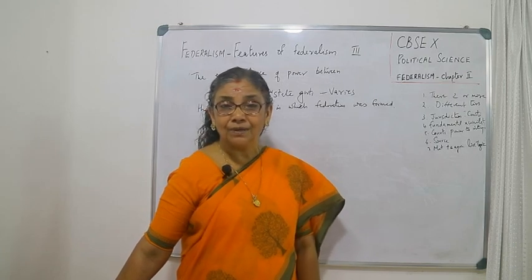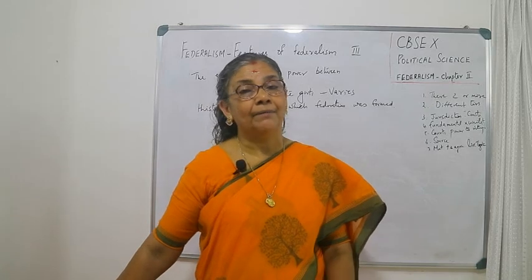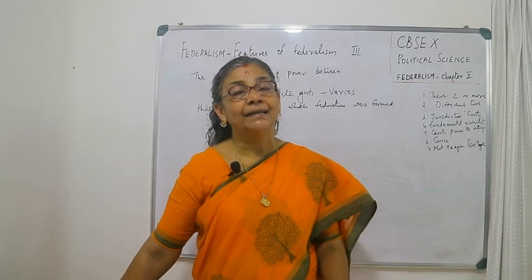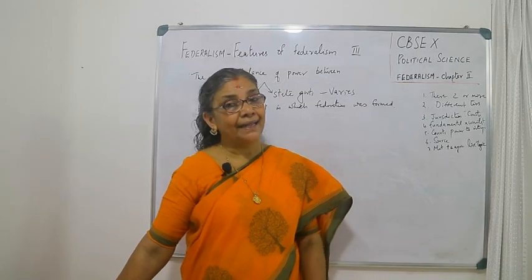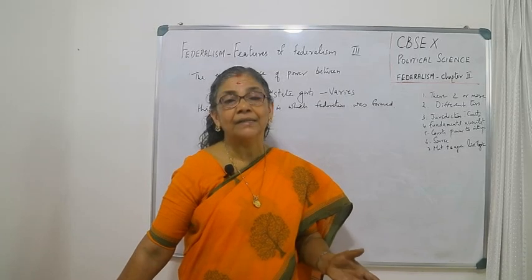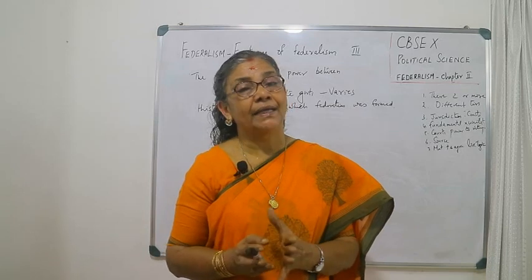What are the dual objectives? They want to accommodate and they want to safeguard and promote the unity of the country, because there are differences regarding religion, regions, languages, culture, and we have to unite them together and say it is India.